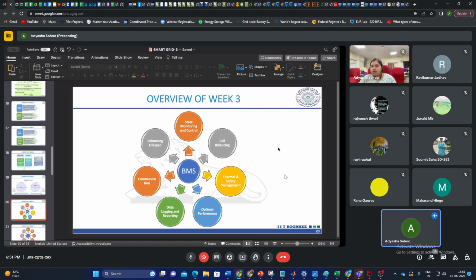So I'll say SOC, SOH, then there is voltage, current, temperature, and then there may be overcurrent or overcharging.